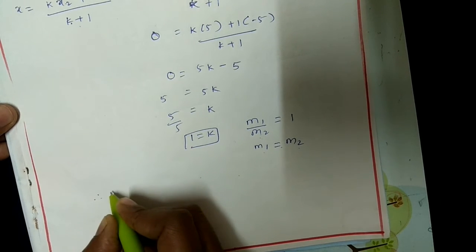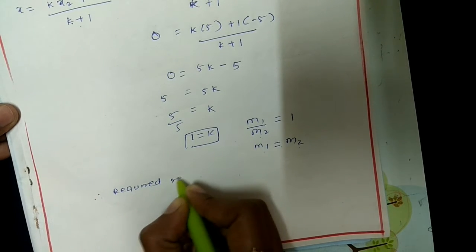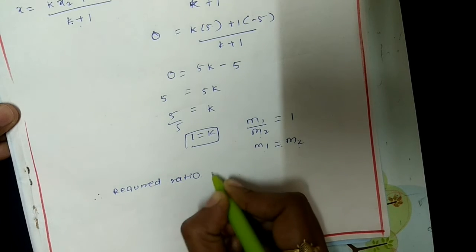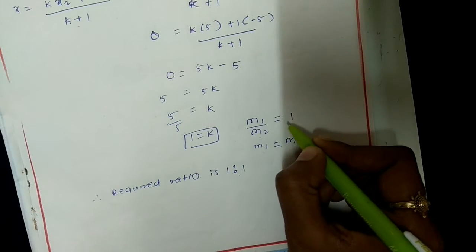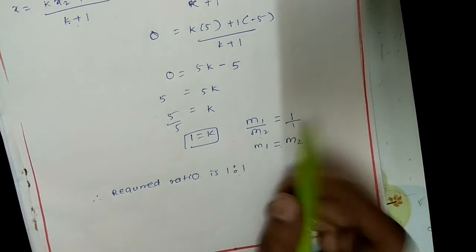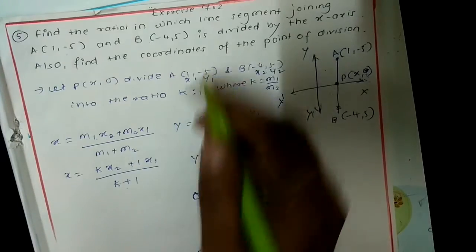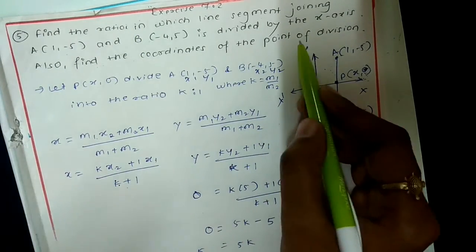Therefore the required ratio is 1:1, because we can write this as 1/1, and 1/1 is 1 only. So we got one answer here: the ratio we found.